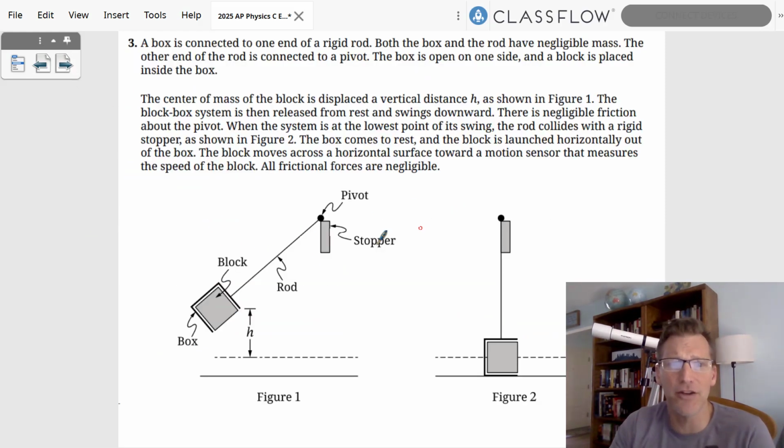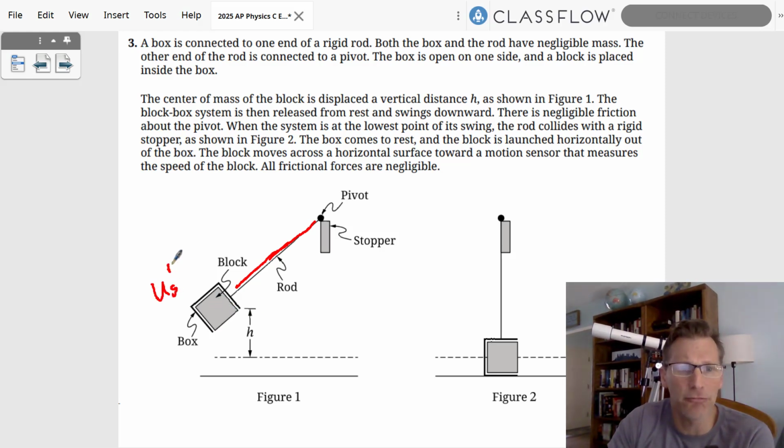This question is about, you can see it's a potential energy to kinetic energy type problem. We have a pivot up here. We have a rod with negligible mass, and we have a block right here. And this block is going to be at this gravitational potential energy at rest up here. It swings down to the lowest gravitational potential energy, which means we have all kinetic energy right here.